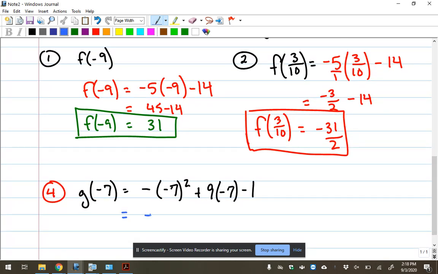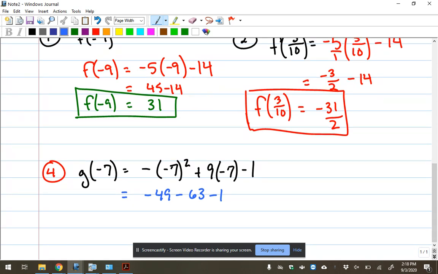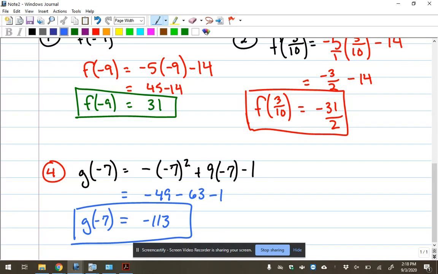I know that that's going to be negative 49 minus 63 minus 1. So negative 50 and negative 63 would be negative 113. Again, you can use a calculator to help you get that ordered pair.